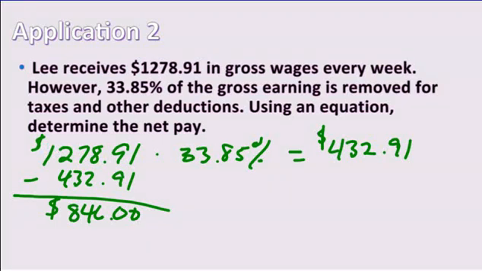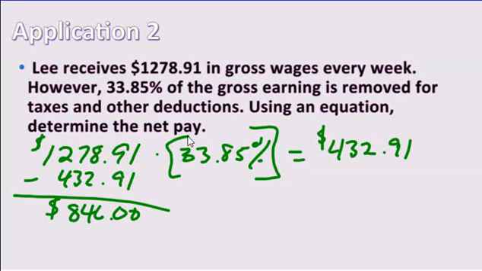Another way of solving that one would be if you took this percent and subtracted that from 100, because that would be how much you actually earn from the total.